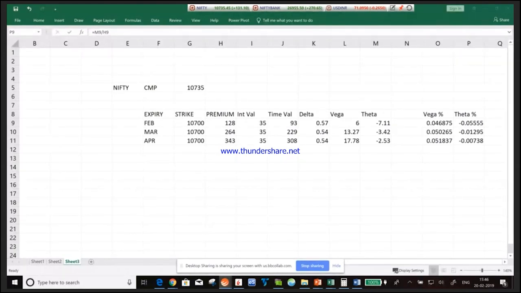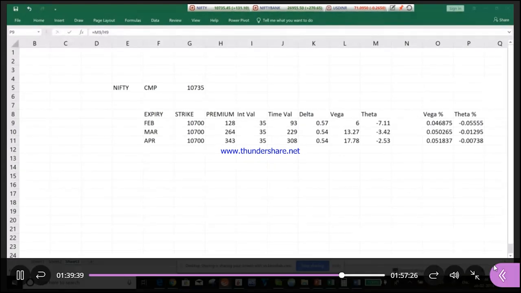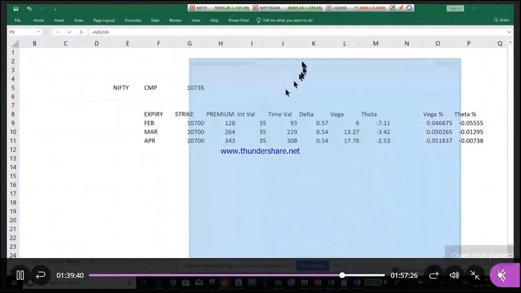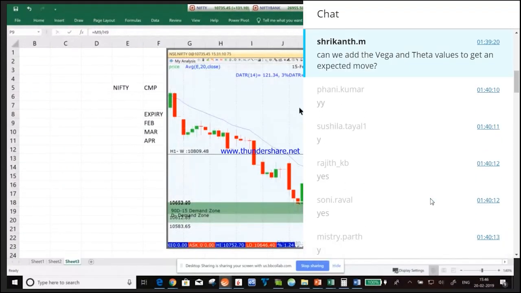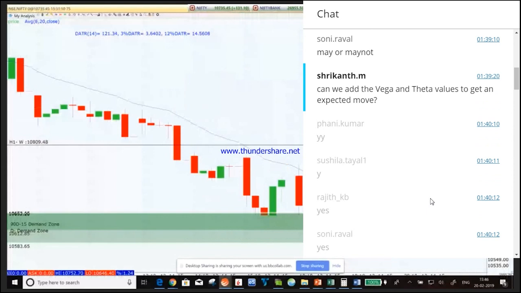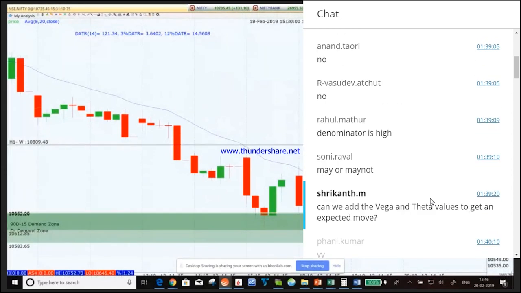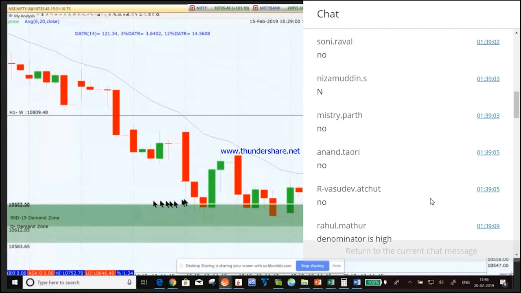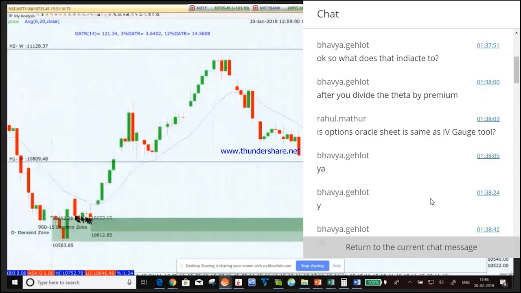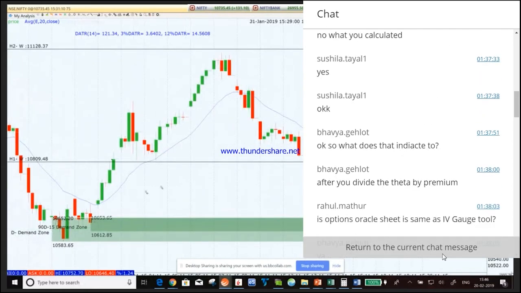May or may not, absolutely right. But that's not in our control, right? Unless and until you definitely know. Now just pay attention here. Let's say you bought the 10,700 call option when Nifty hit this demand zone.